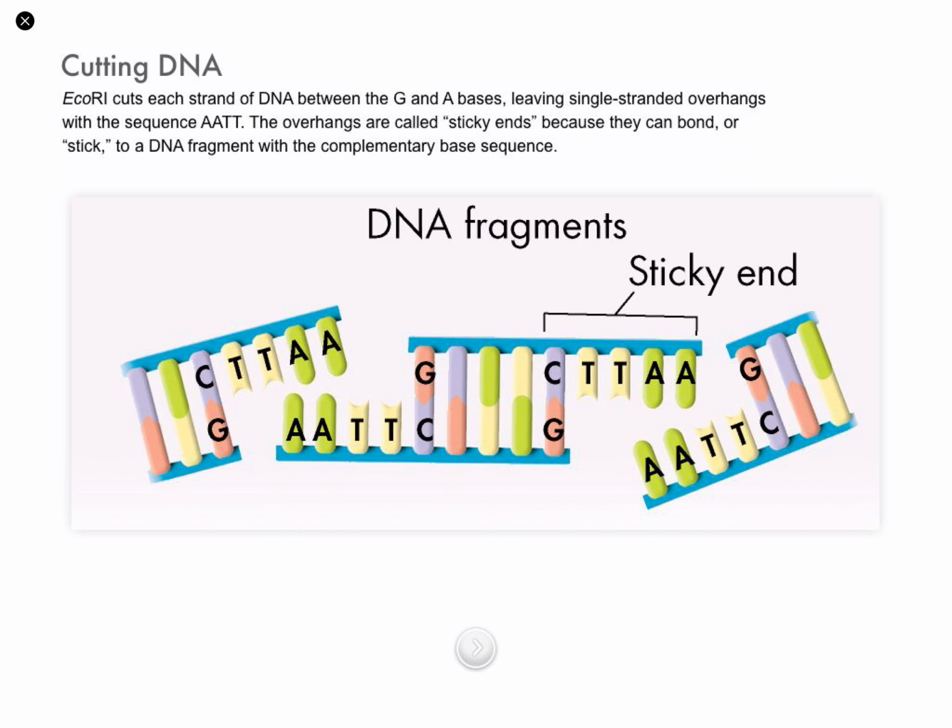EcoRI cuts each strand of DNA between the G and A bases, leaving single-stranded overhangs with the sequence AATT. The overhangs are called sticky ends because they can bond or stick to a DNA fragment with a complementary base sequence.